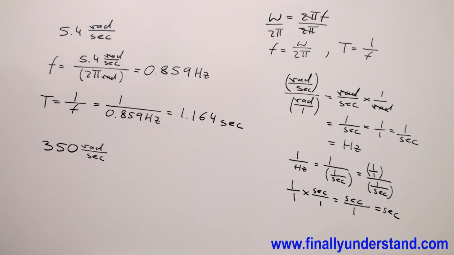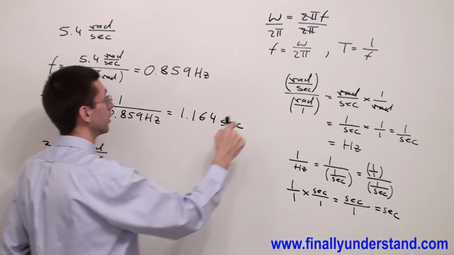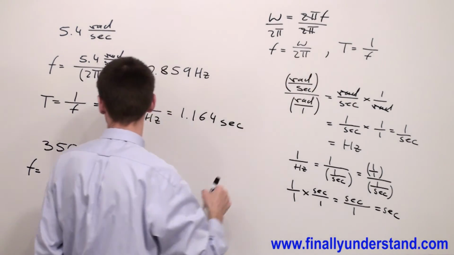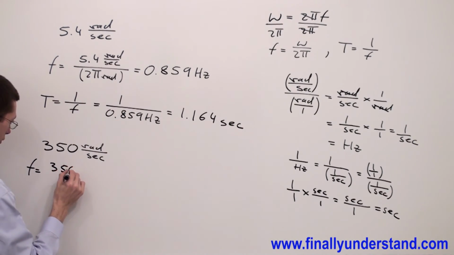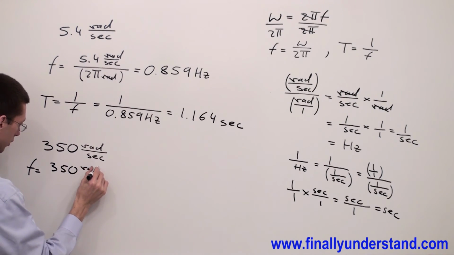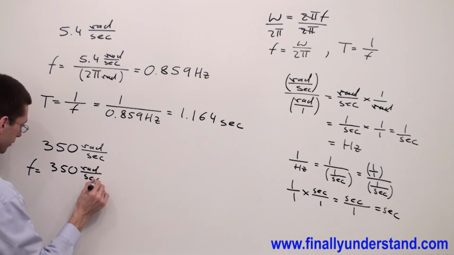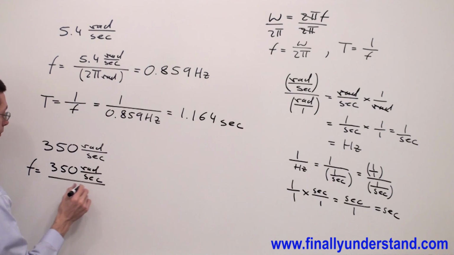Let's take a look at the second example. I have 350 radians per second. Frequency is equal to omega over 2 pi. My omega is 350 radians per second over 2 pi.